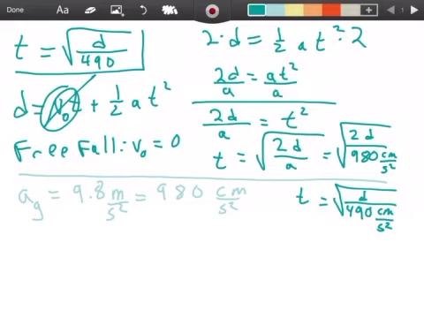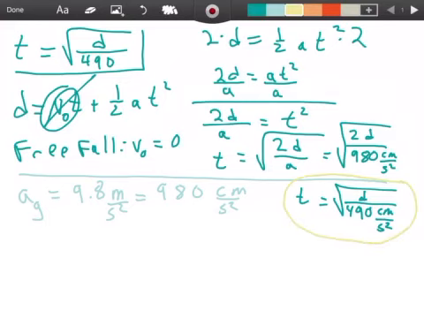The distance we used in Lab 2 was in centimeters, so the centimeters units would cancel, and when we divide centimeters by centimeters per second squared, that would give us a unit of seconds squared. When we take the square root of seconds squared, that would leave a unit of time. So that is how we arrive at the formula.